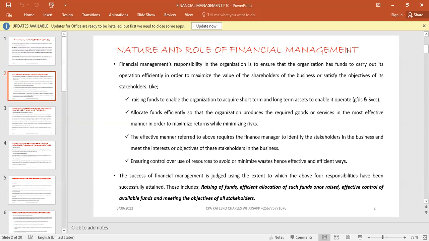When you're trying to allocate the funds we have acquired, you may be trying to allocate that fund to buy the long-term assets that can be used within the organization, or the short-term assets. And we are saying that if you're acquiring those long-term assets, they must be functional to the extent that you've also determined their returns on investment.